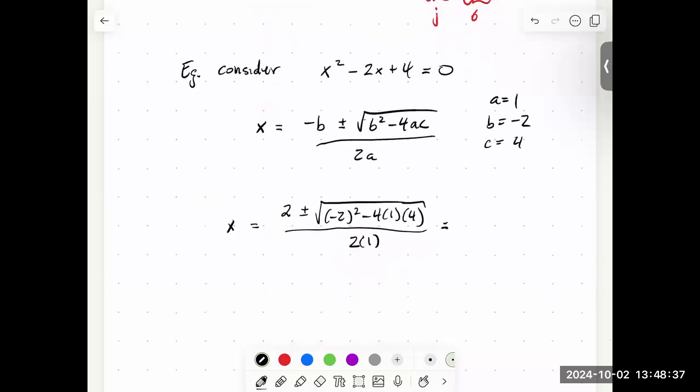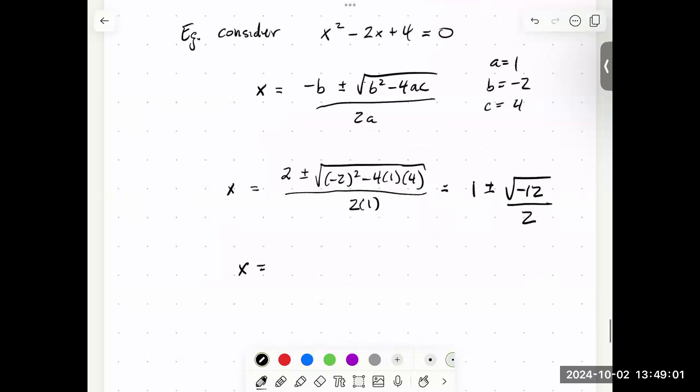Okay, so we get 2 over 2, which is 1, plus or minus, let's see, this is 4 minus 16. So what's that, -12? So it's the square root of -12 divided by 2. Okay, so x is equal to 1 plus or minus the square root of -12.